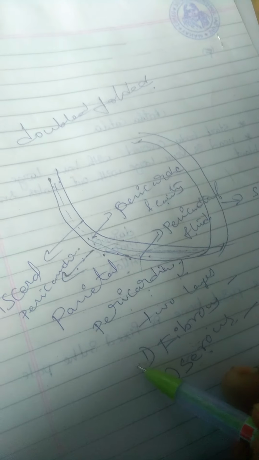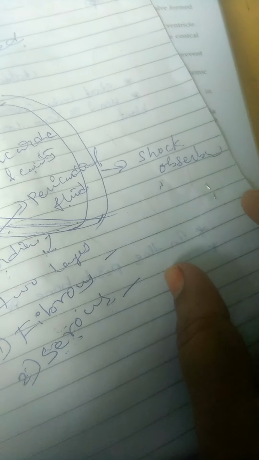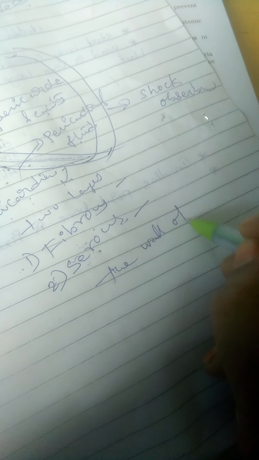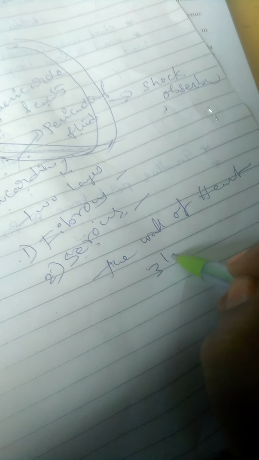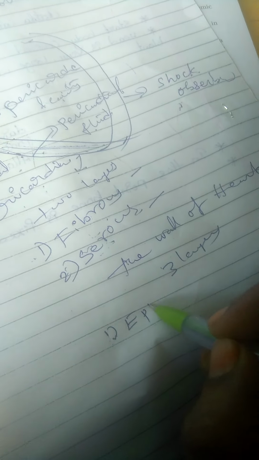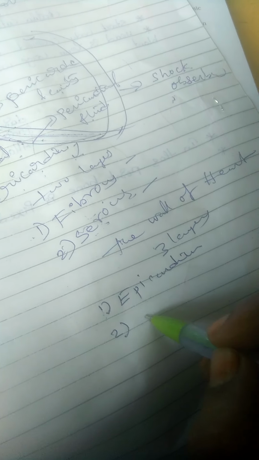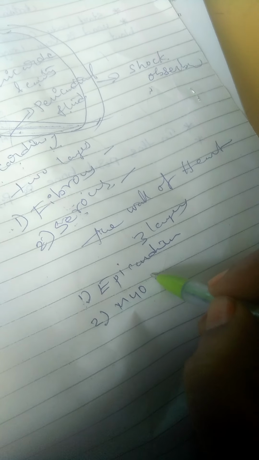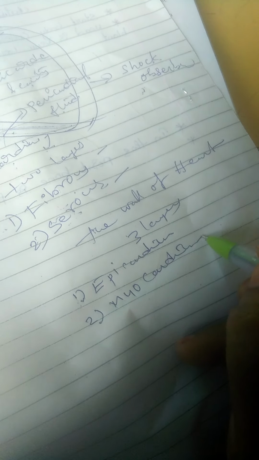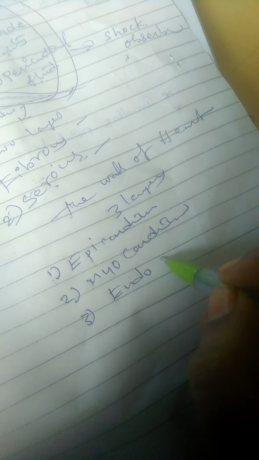And next, the wall of the heart is made of mainly three layers. First one is epicardium, second one is myocardium, and third one is endocardium.